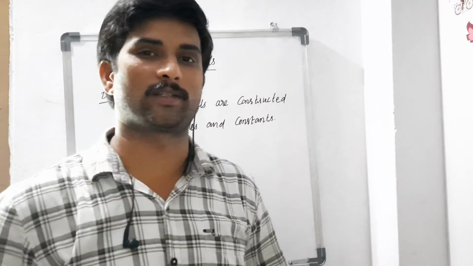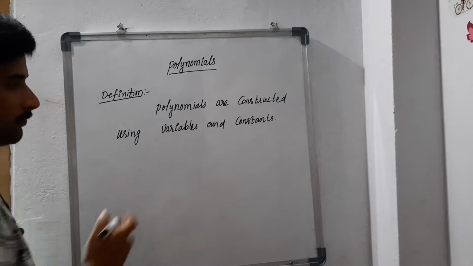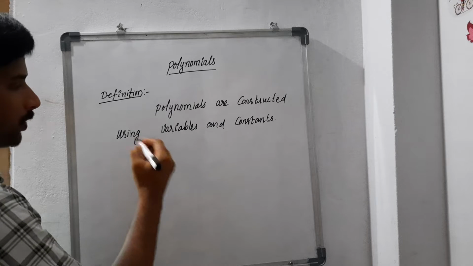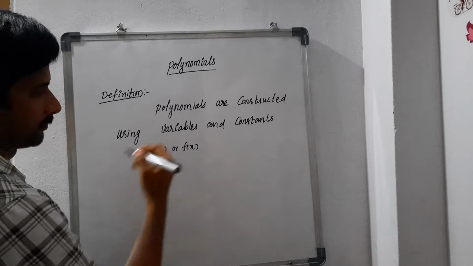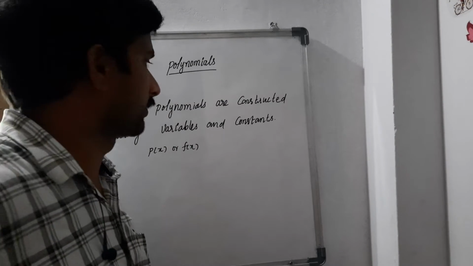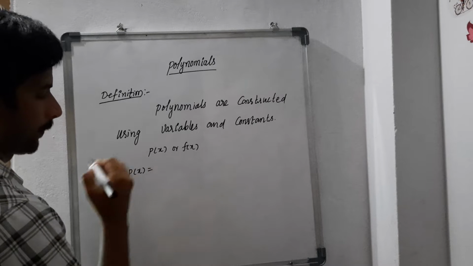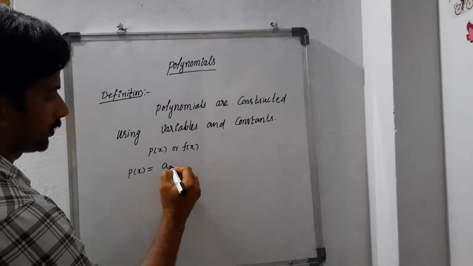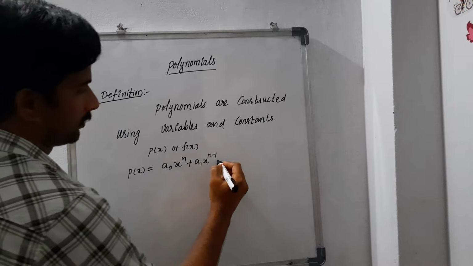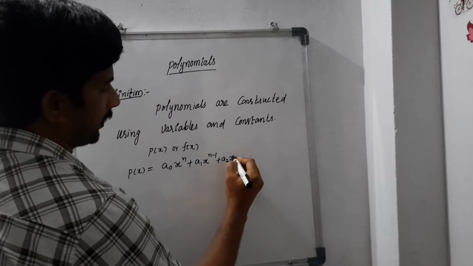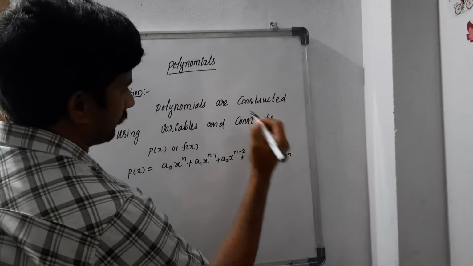Polynomials are constructed using variables and constants. Generally, polynomials are denoted by p of x or f of x. Now, p of x is equal to a naught x to the power n plus a1 x to the power n minus 1 plus a2 x to the power n minus 2 and so on plus an.